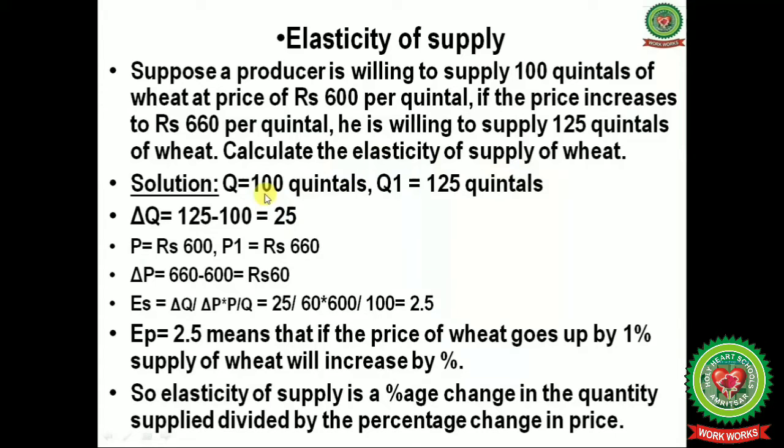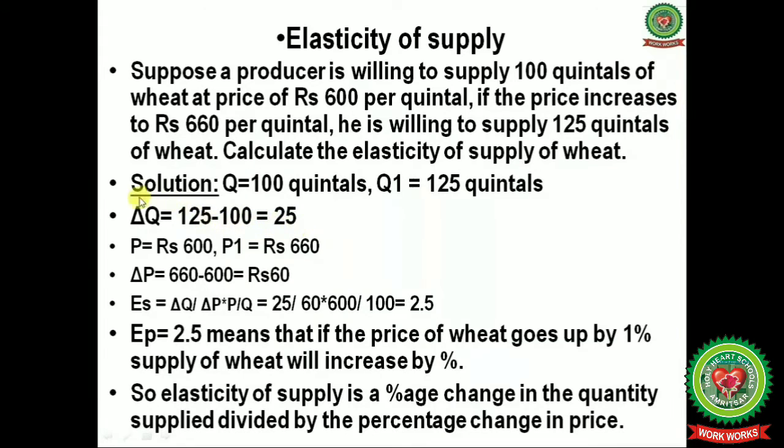Previously we had quantity of wheat, that is 100 quintals, and price was rupees 600, and when the price increased from 600 to 660, the producer is ready to sell 125 quintals of wheat in the market.